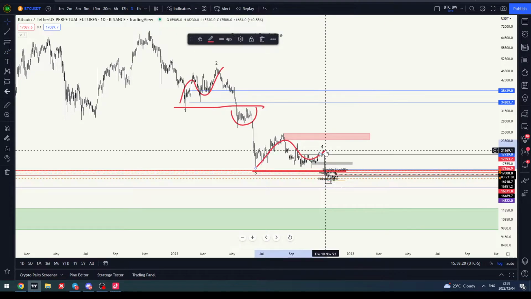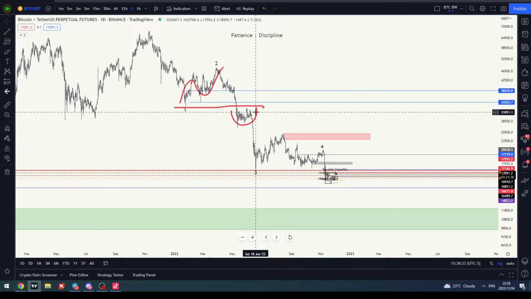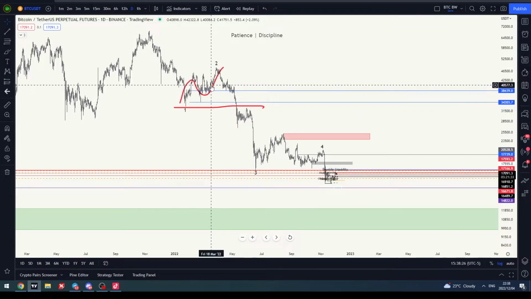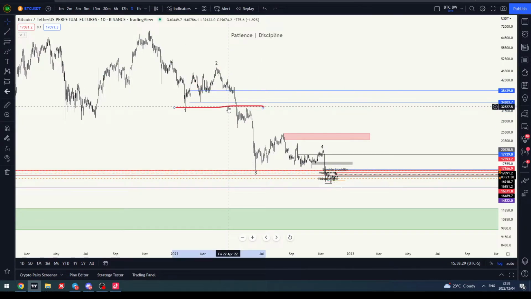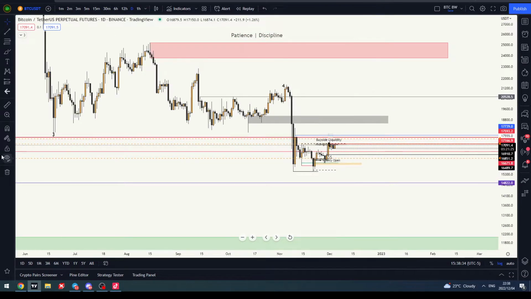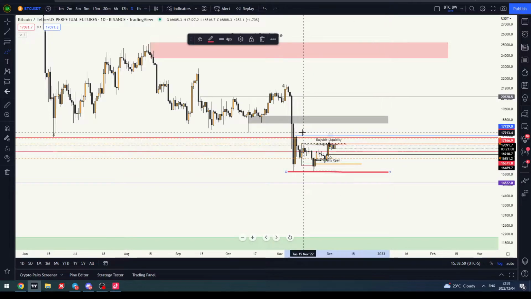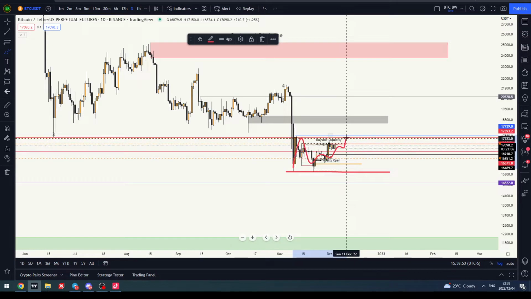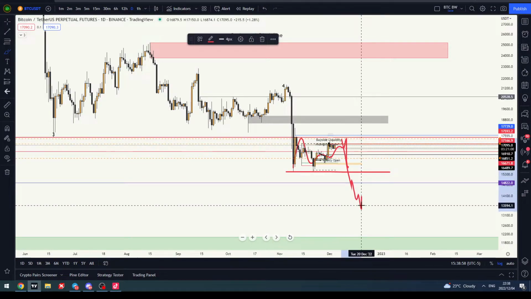I don't mind it either way. The only thing I don't like about BTC at the moment is that while this made a slight lower low here on the 21st of November, these are sort of relative equal lows here, right? And generally what happens here is if you get some sort of sideways movement, this is going to get run.